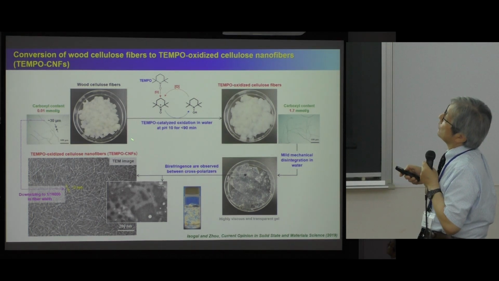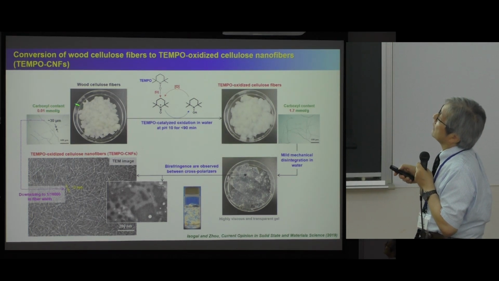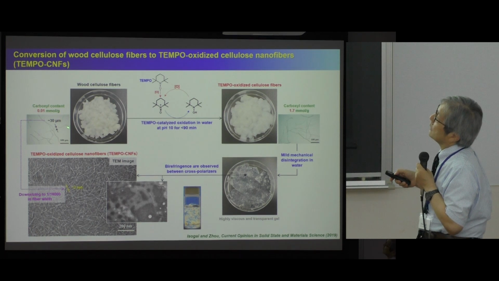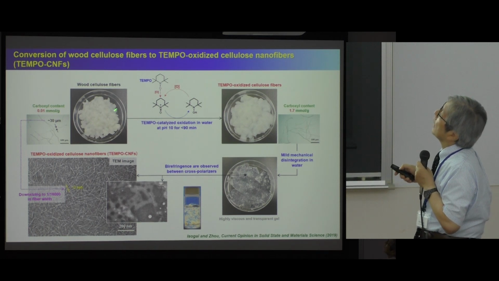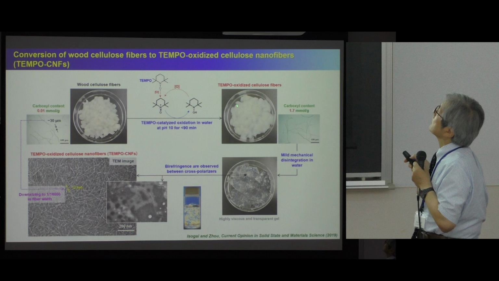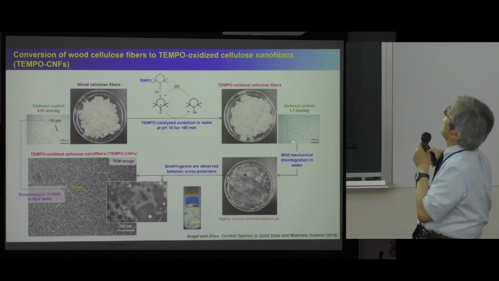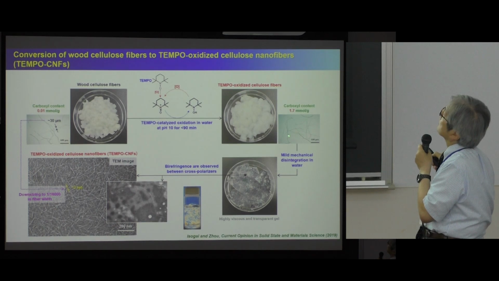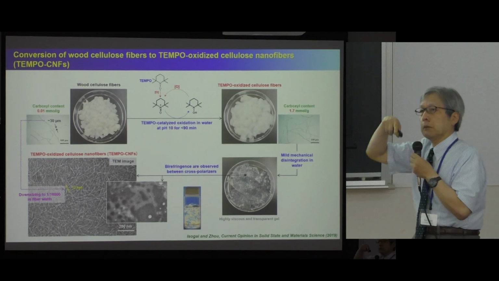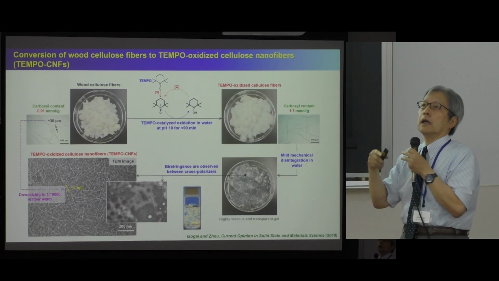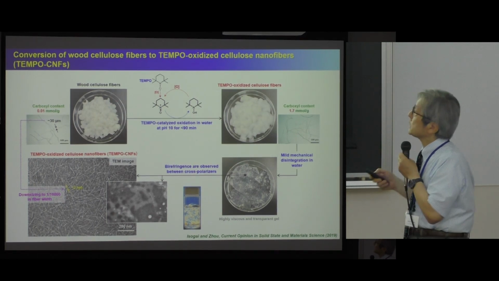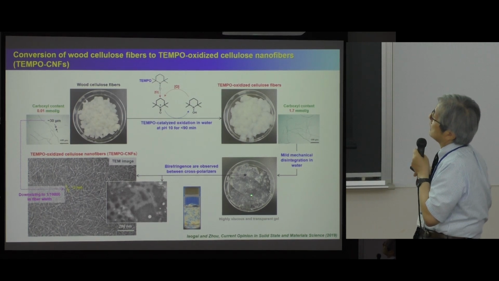Then this is a wood cellulose fiber, and the fiber width is around 30 micrometers. After TEMPO oxidation, the fibrous morphology is unchanged, but significant amounts of carboxyl groups are introduced. And once mild mechanical disintegration is applied, like magnetic stirring, blender, or high-pressure homogenization, you can get gel-like materials.